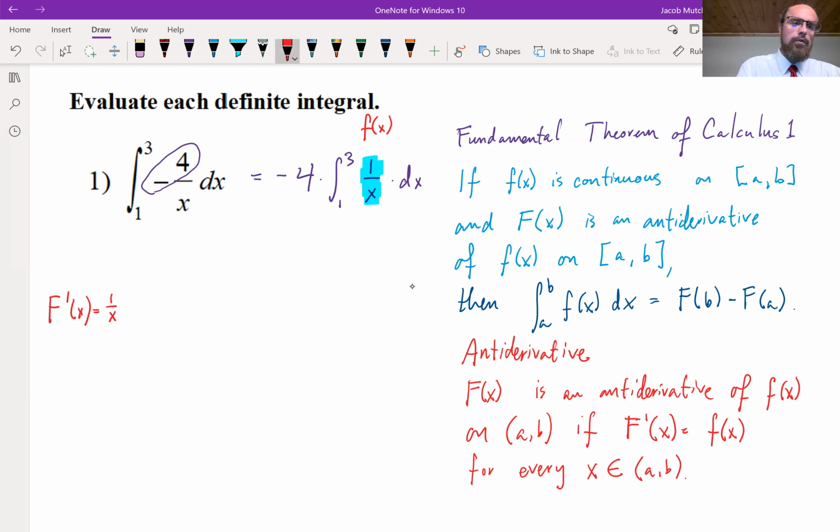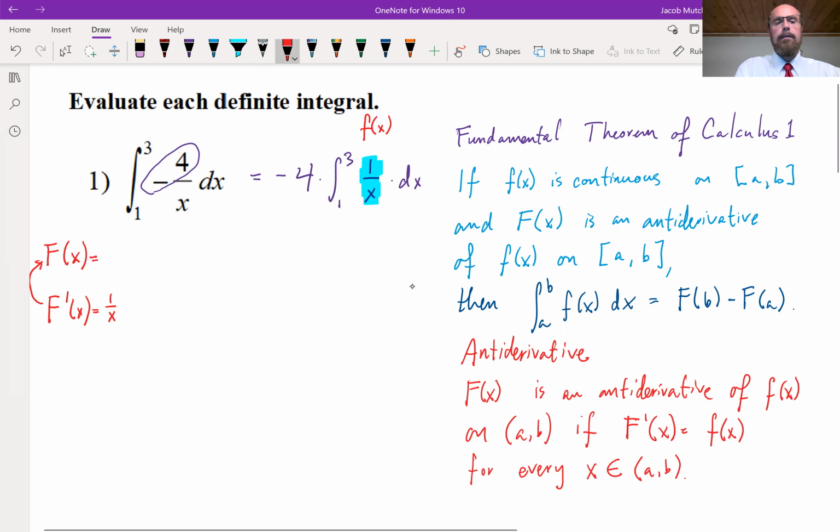So the question is, what's my antiderivative have to be initially if I were going to take its derivative and get 1 over x? So we've got to, in a way, think inversely. We've got to think, in a way, backward.